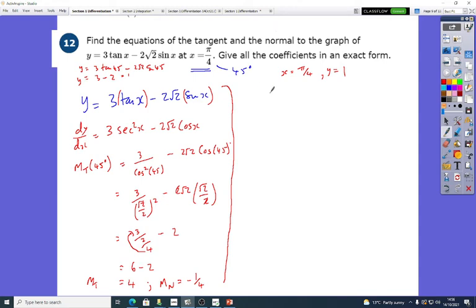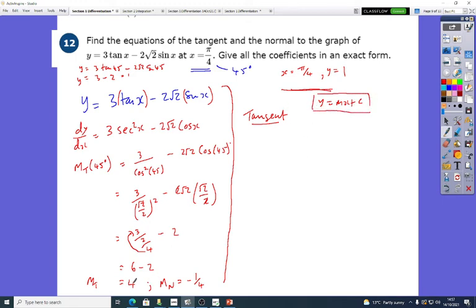Okay, we've got those points, and we've got those gradients, and we need to find the equation of those lines in exact form. So first of all, here's my tangent. They're both going to be in the form y equals mx plus c.